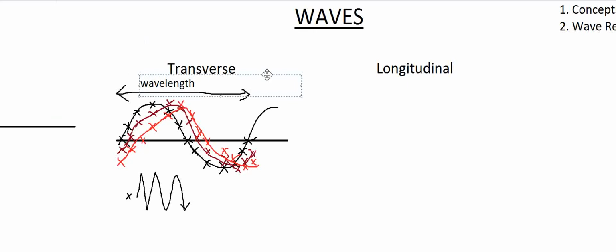Okay, so this is the wavelength. The amplitude is the maximum displacement of a wave particle. So here it's this distance.